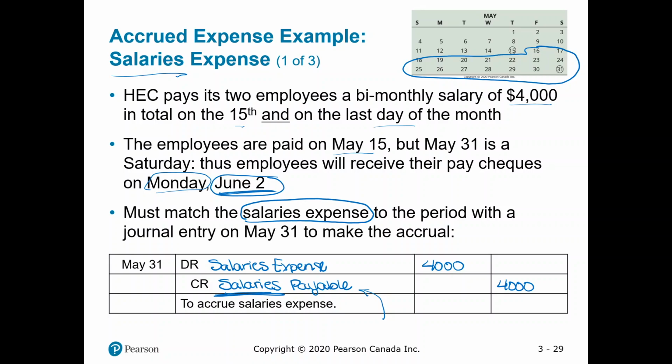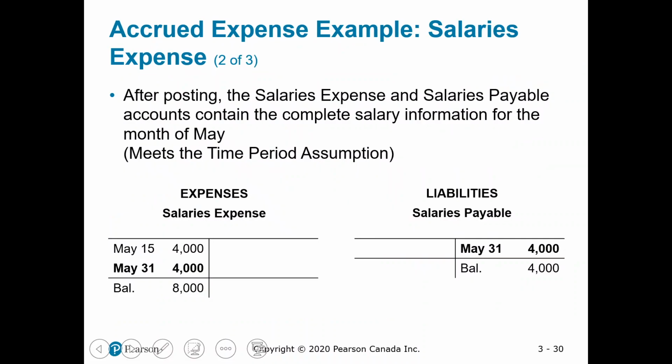Okay, so we're still going to continue on with this one. We've recorded this accrual. So this is what we would see in our T accounts. So we know that it said in the example they got paid on the 15th. Now we're accruing this amount for the 31st. So we know that each month they get paid $8,000, or they incur that amount.